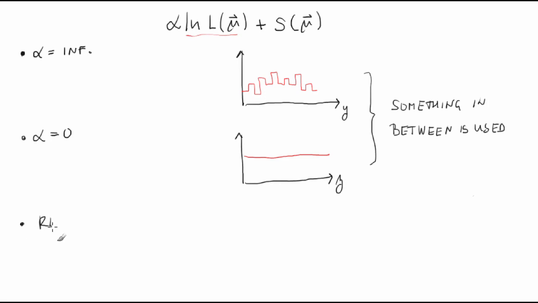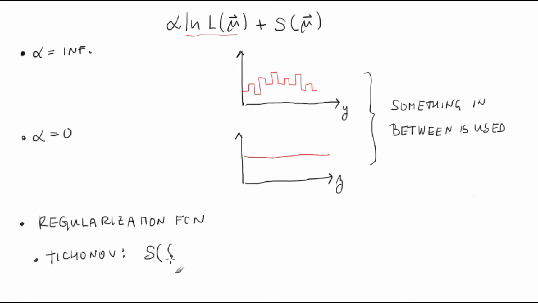The final question to address is the choice of the regularization function. We will mention two options in this video. The first one is called Tikhonov regularization function, and it has the following form.